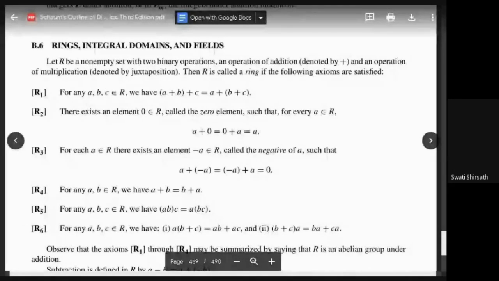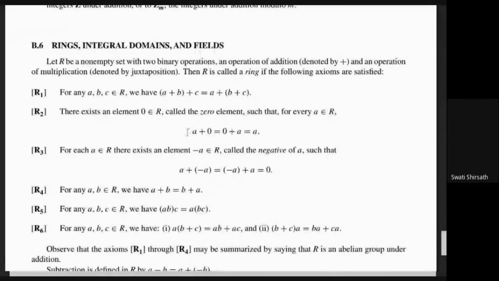For addition, it has to satisfy all properties of groups. It should be associative, it should have an identity element, it should have an inverse, and it should be commutative. So it is nothing but an abelian group.